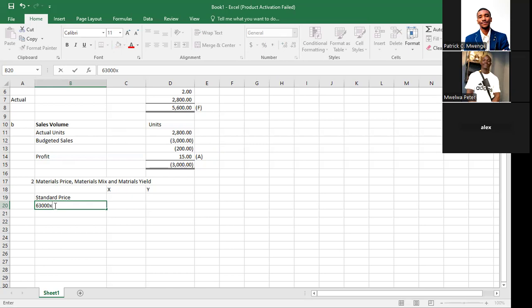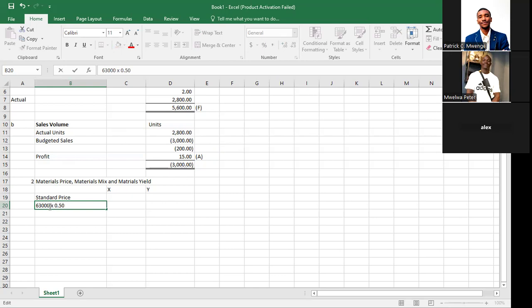What is the material cost per unit for X, Alex? The material cost per unit for X is 0.50 kwacha. Yes, 0.50 kwacha. So we purchased 63,000 units at whatever price, which we're not concerned about now.